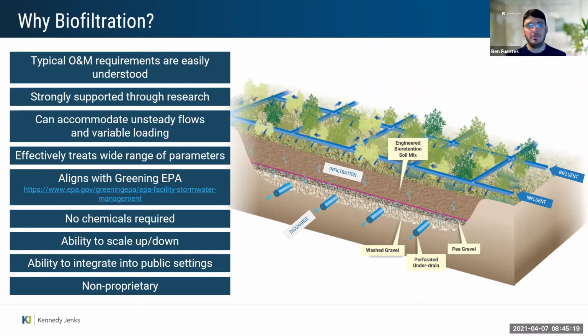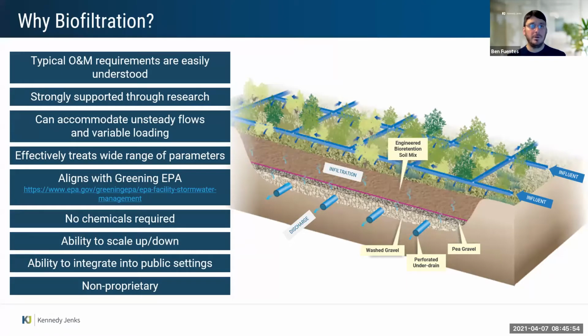We're just trying to recreate what already happens when water filters through pastures or forest lands, so it's capable of accommodating the range of stormwater flows, unsteady flows, and variable loading. It's also effective at treating a wide range of parameters. As the research continues, we seem to be finding that it's capable of treating a new pollutant every few years as we continue to do studies.